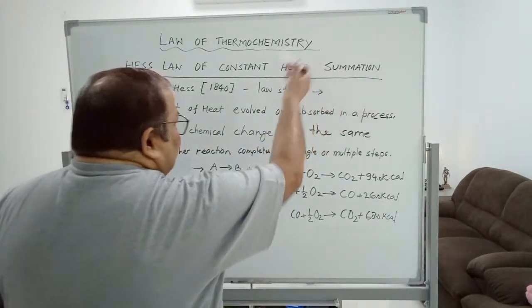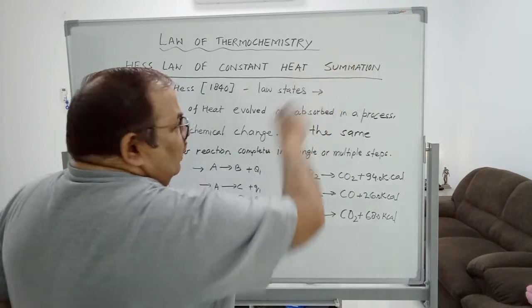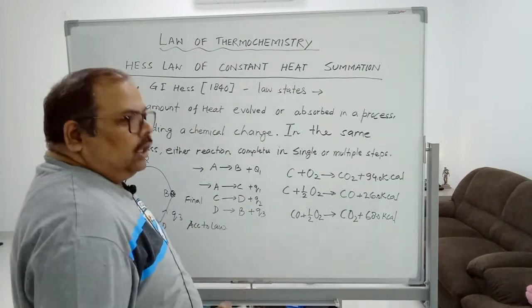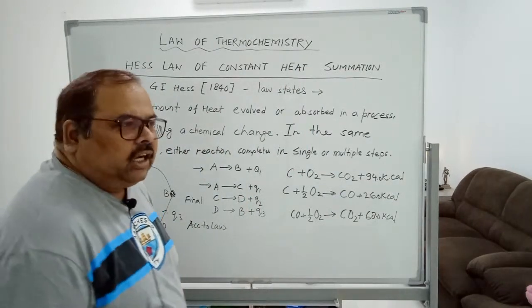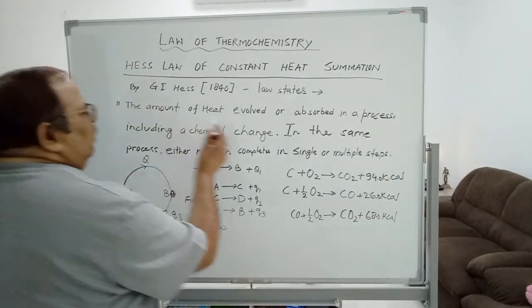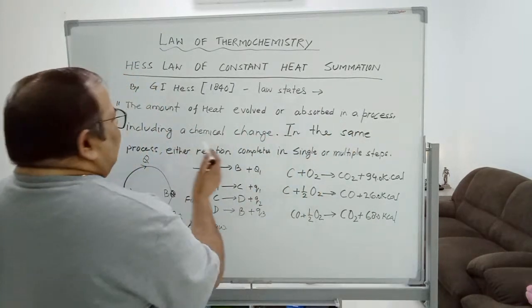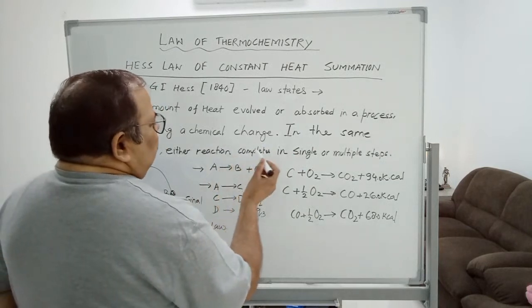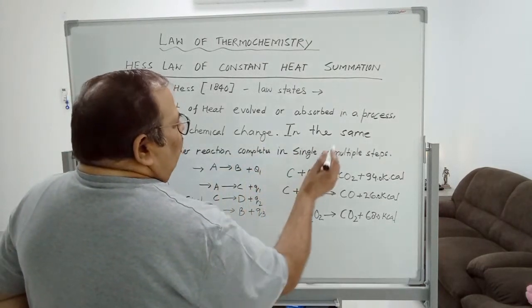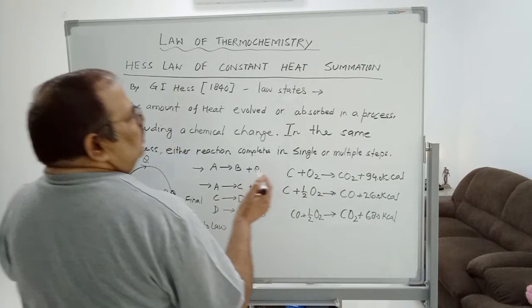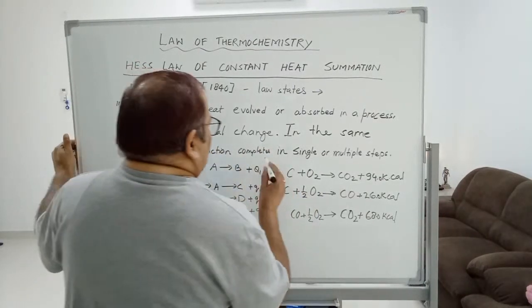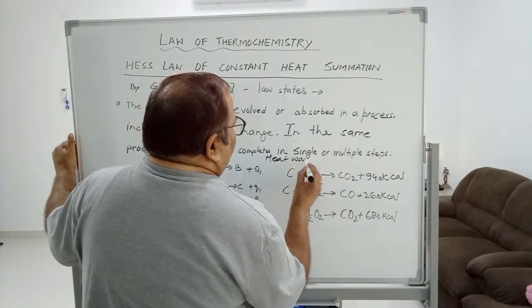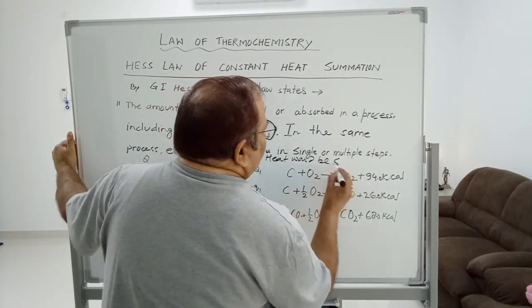This simply indicates that even if the reaction goes on in multiple steps, the sum of the heat will be equal to the total heat if it is considered in a single step. The amount of heat evolved in a process including chemical change, in the same process, whether the reaction completes in a single step or multiple steps, the heat would be the same.